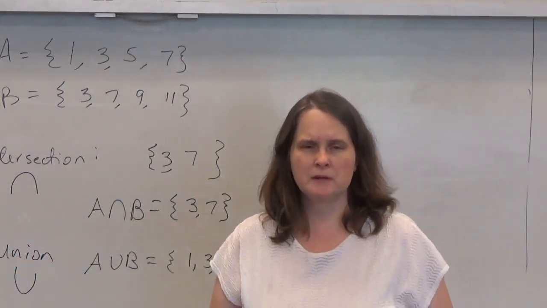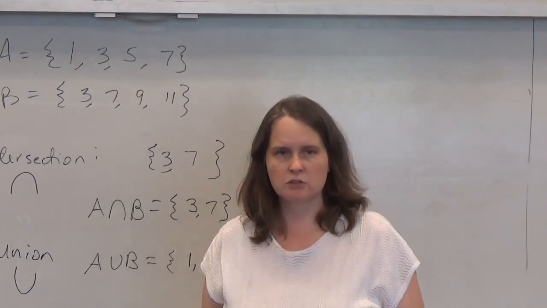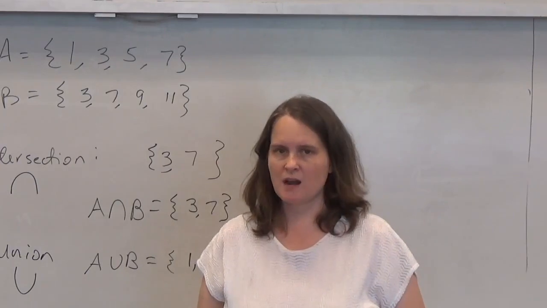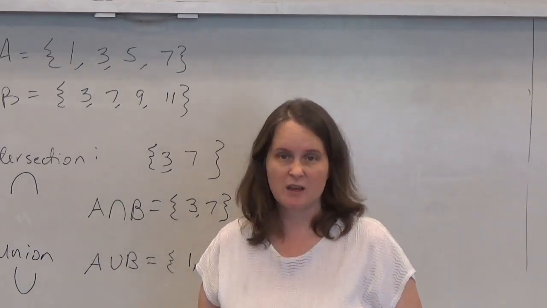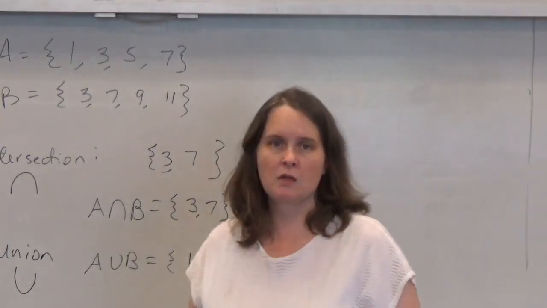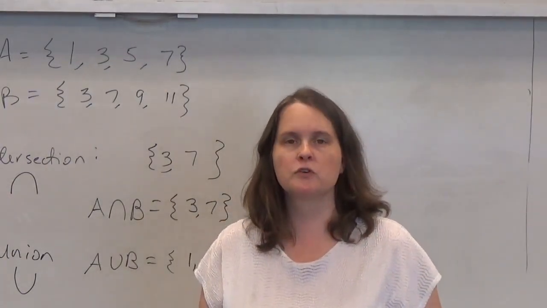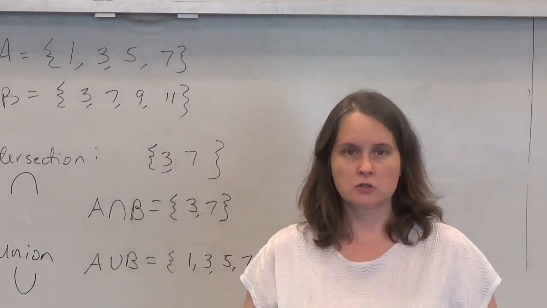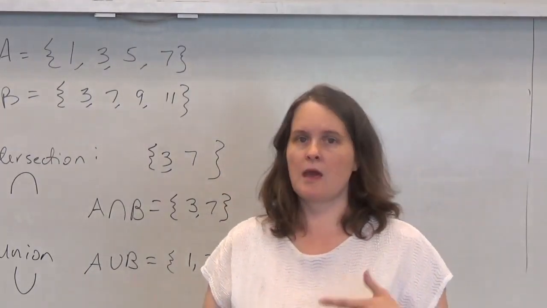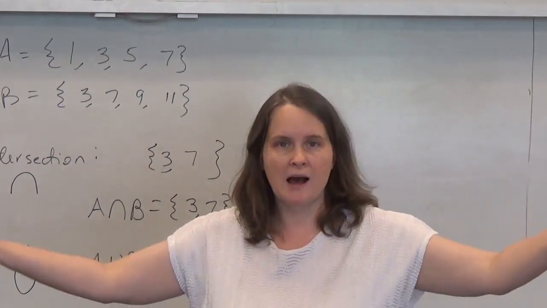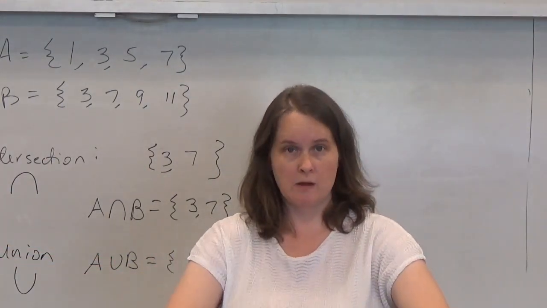Sometimes students have a little bit of difficulty understanding how to differentiate between intersection and union. I'm going to give you kind of a strange little example, but it might help you understand it. If you think about union, what's another type of union that you might think of? An example would be a marriage. In a marriage, everything that the husband has, everything that the wife has, is all combined and brought into the union of the couple.